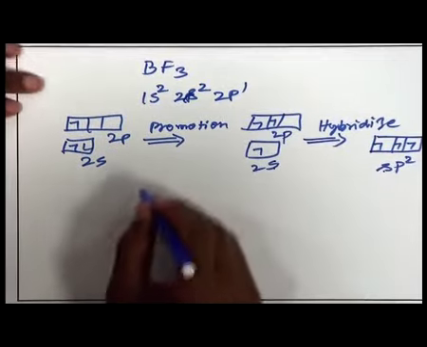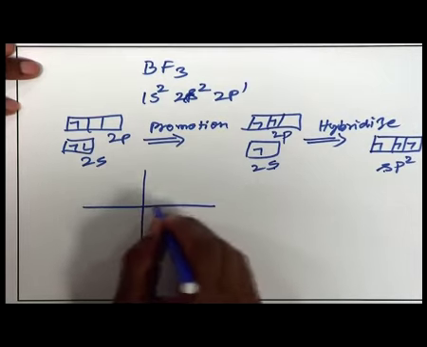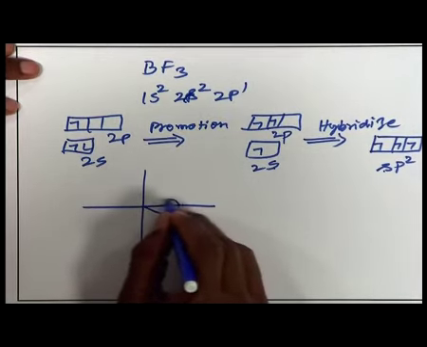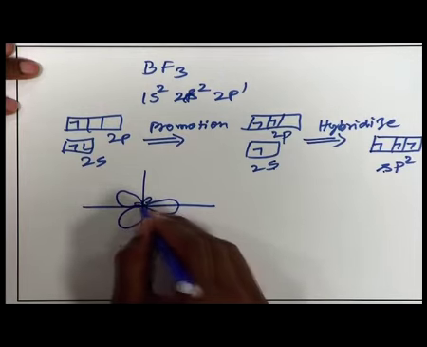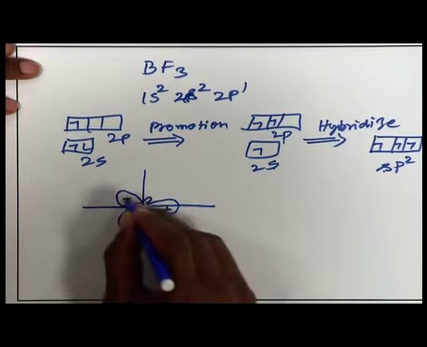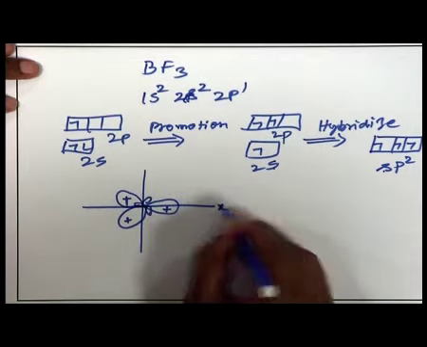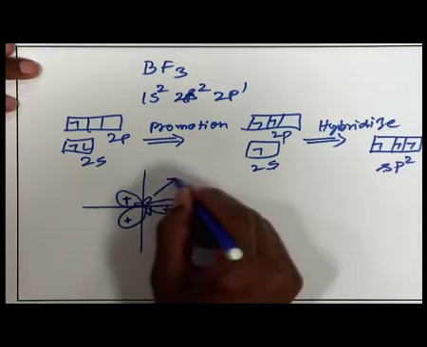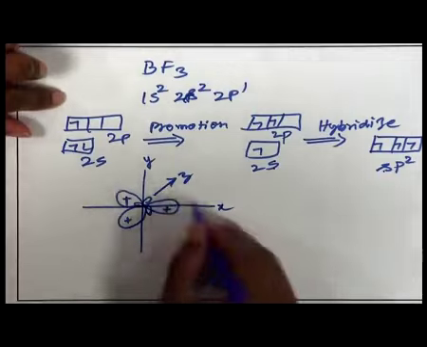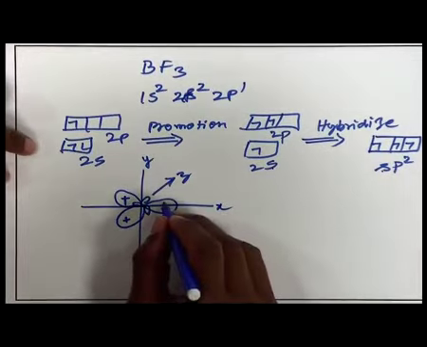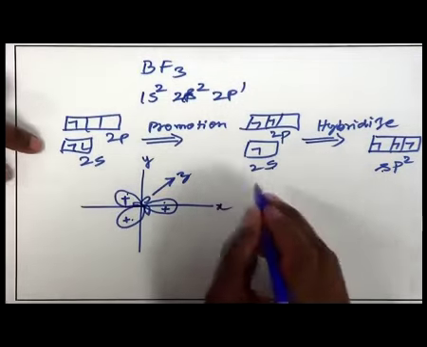They look like this: there is a small lobe, another small lobe, this is positive, this is positive, this is positive. Say this is the z axis, this is the y axis. Each contains 1 electron, which can combine with another atom having 1 electron.